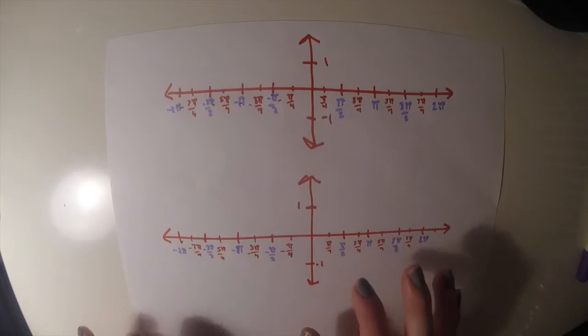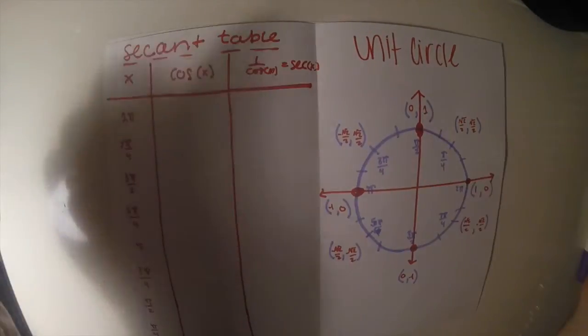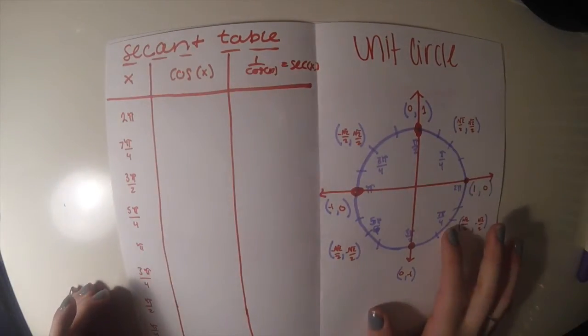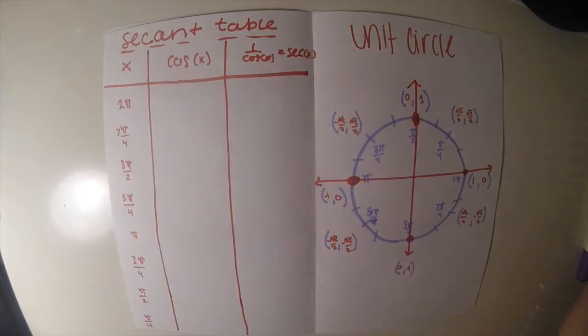So I went by pi over 4s for this graph. To start, we're going to graph the cosine of x. I have a unit circle right here, so we're going to be able to use this to our advantage to make finding these points a lot easier.